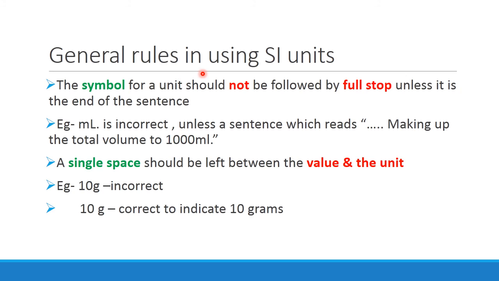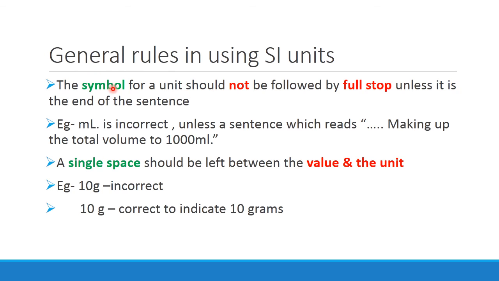There are certain rules to follow when you are using these SI units. So some general rules. The symbol for a unit should not be followed by a full stop. We have seen in our previous slides the different symbols for the different SI units. So we won't use the respective names for those SI units, you are just using the symbols.